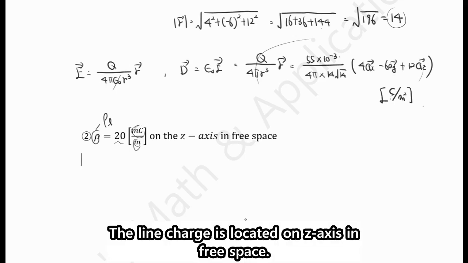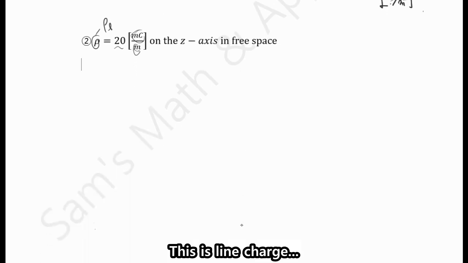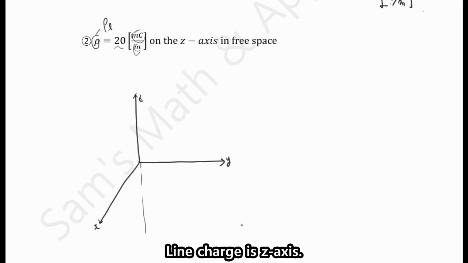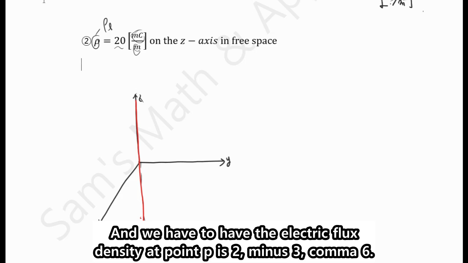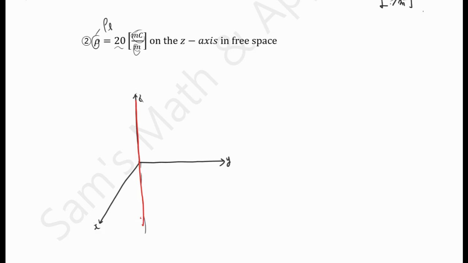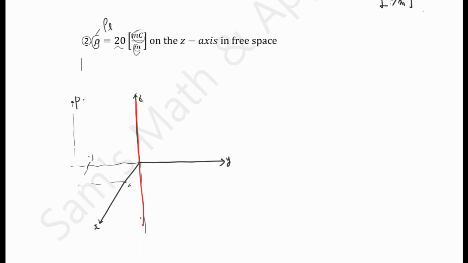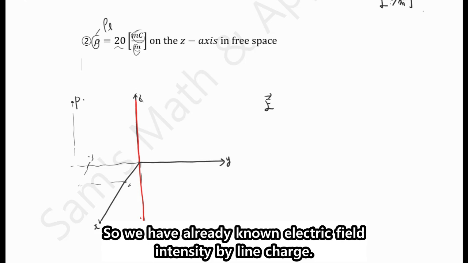The line charge is located on the z-axis in free space, and we need the electric flux density at point P, which is 2, minus 3, 6.